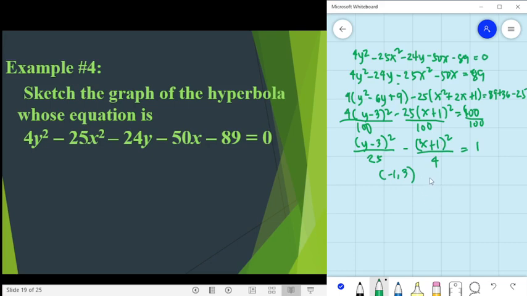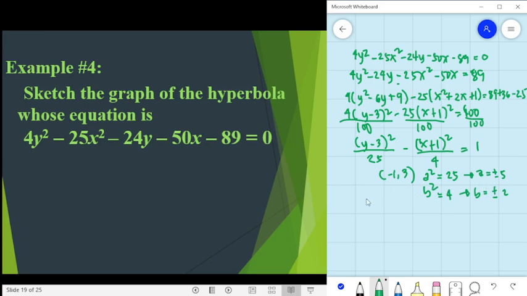And then 25 would be your a squared, which is equal to 25, giving us the value of a, which is plus or minus 5. And your b squared here is 4, implying that b is plus or minus 2.